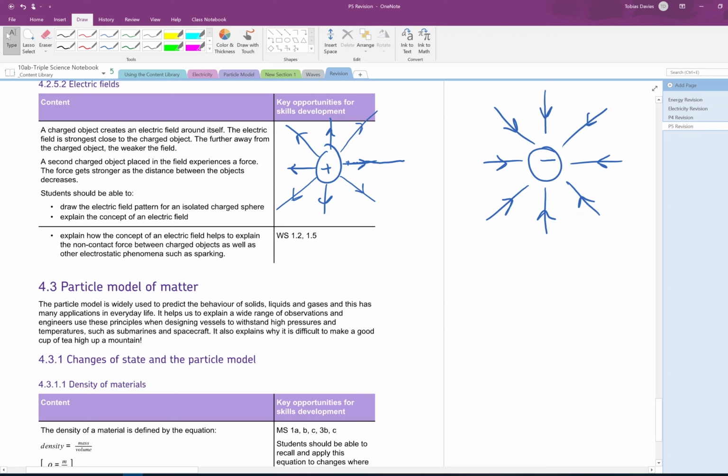So if I connected a wire here to Earth, using the symbol for Earth, which is those lines, any excess electrons would flow out of that charged sphere into the Earth, and any electrons could flow from the Earth into the charged sphere here to cancel out those charges.